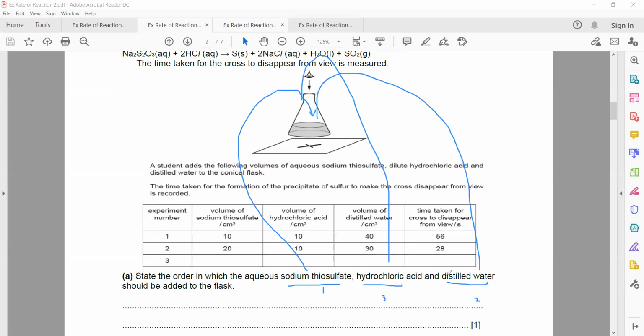That is the reason for not adding thiosulfate and hydrochloric acid first, otherwise they will react with each other and the reaction starts and the products start to form, and addition of the water will not make any difference to the rate or the speed of the reaction. Is it clear?